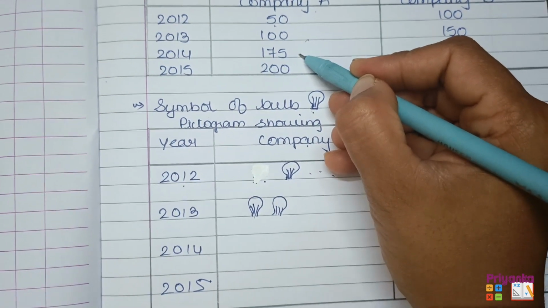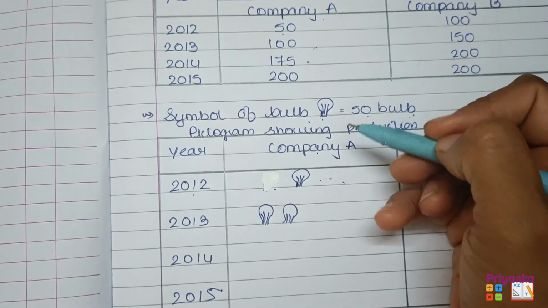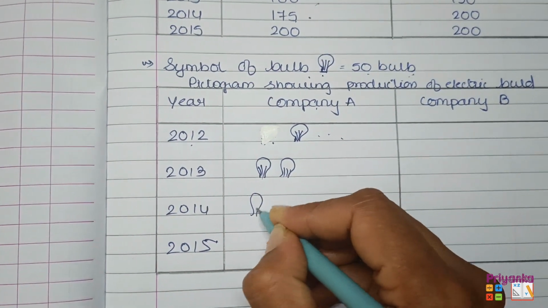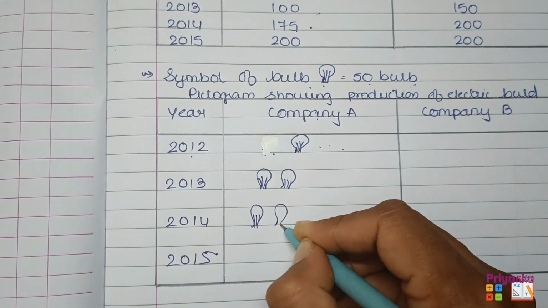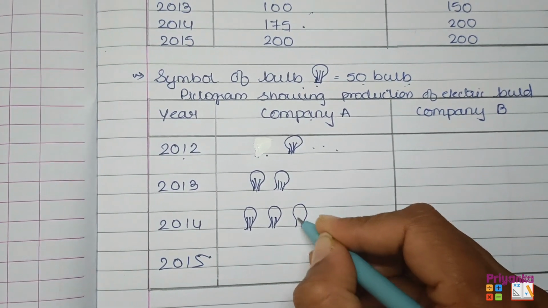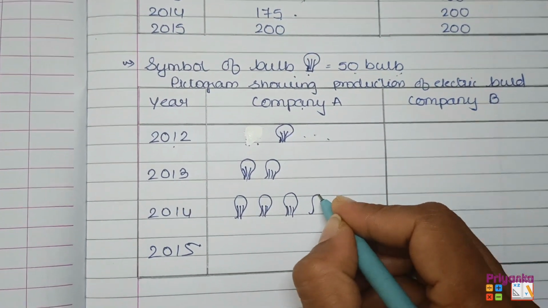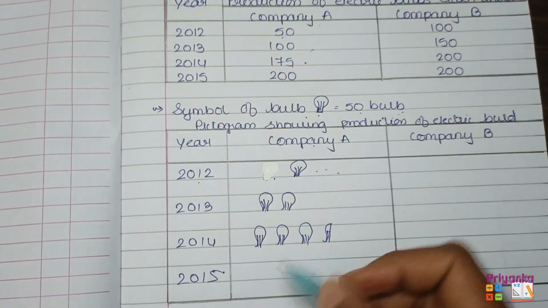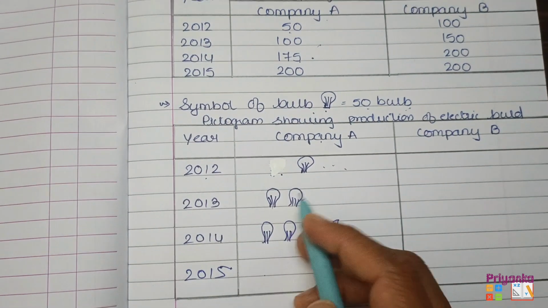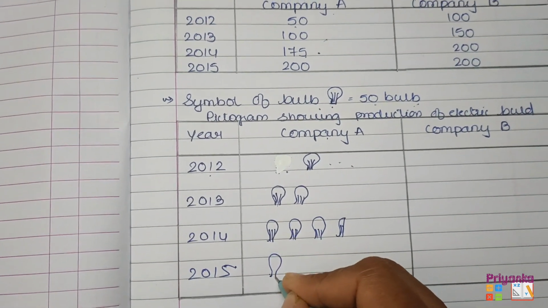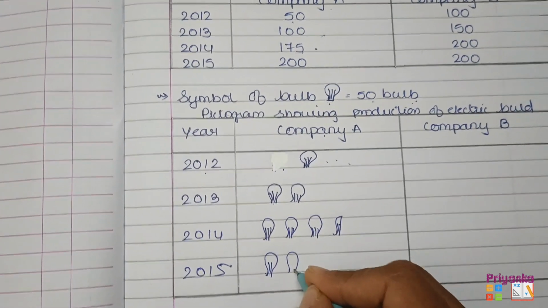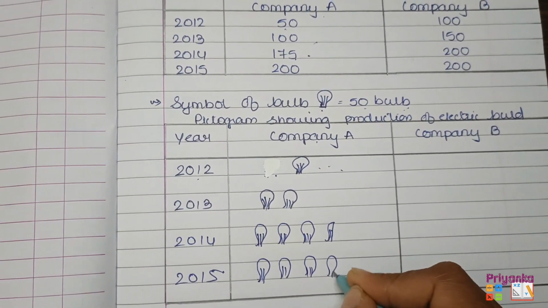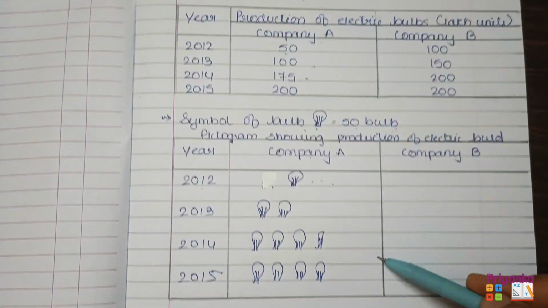So up to 150 we'll make 3 bulbs. For 75 we'll make a half. Next is 200 bulbs. For this we will prepare 4 bulbs. This is done with the company A.